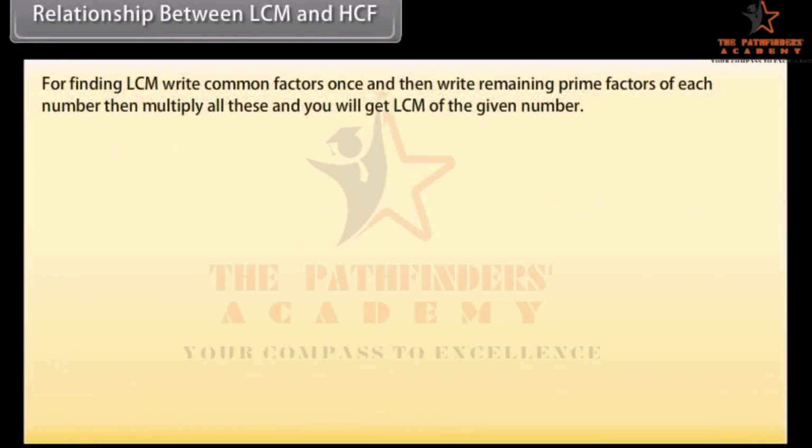For finding the LCM, write the common factors once and then write the remaining prime factors of each number. Then multiply all these and you will get the LCM of the given numbers. 510 is equal to 2 × 3 × 5 × 17. 276 is equal to 2 × 2 × 3 × 23.